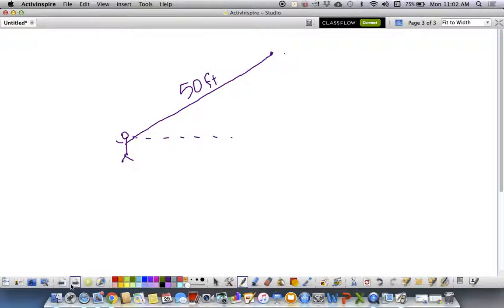The angle of elevation from the person flying the kite is going to be 42.5 degrees.